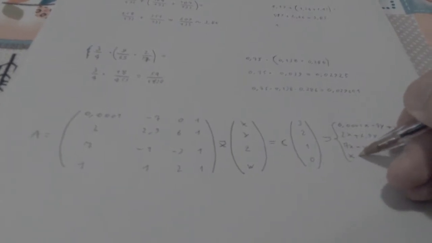And then we have 7x minus y minus 3z plus w equal to 1. And then we have x plus y plus 2z plus w equal to 0. So this is basically our system of linear equations.